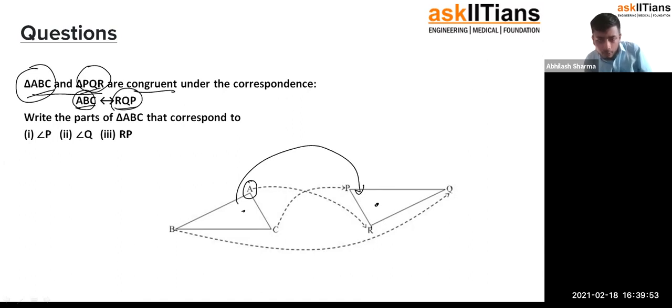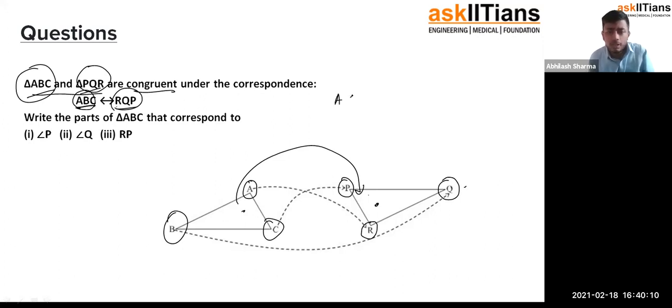So point A corresponds to point R, point B has gone actually here, and hence corresponds to point Q, and C corresponds to P. So if I write ABC, then they will correspond to RQP. Okay, here I made a mistake. It will be P, right? So RQP. What parts of triangle ABC correspond to angle P?